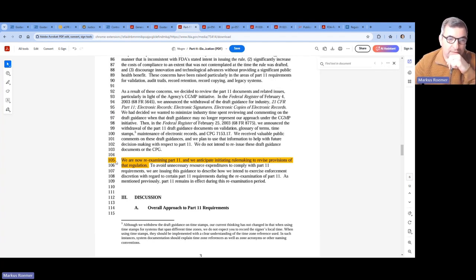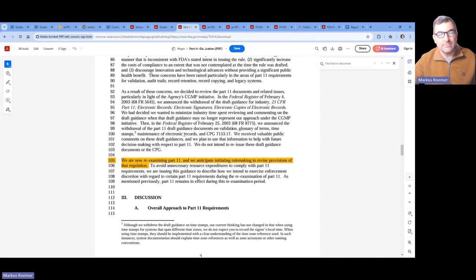But in line 105: we are now re-examining Part 11, and we anticipate initiating rulemaking to revise provisions of that regulation. That regulation means 21 CFR Part 11. So that was the promise in 2003. Now, 22 years later, no new Part 11, but okay.